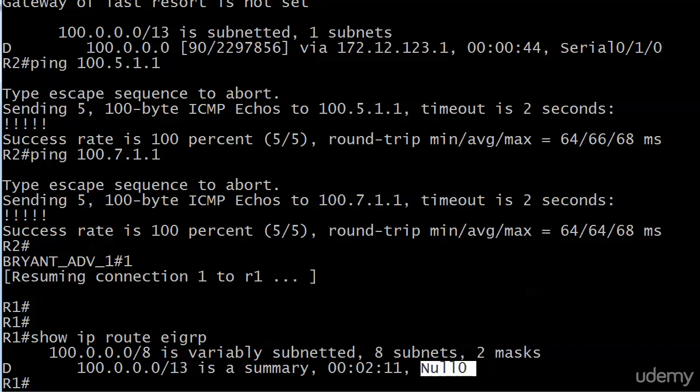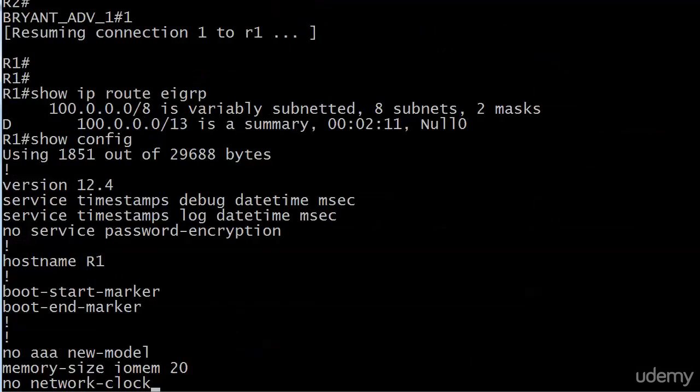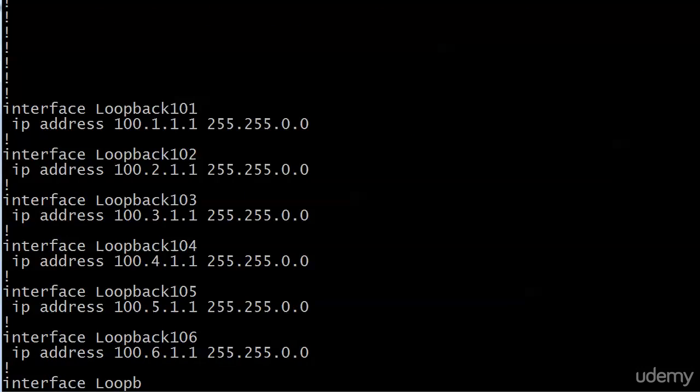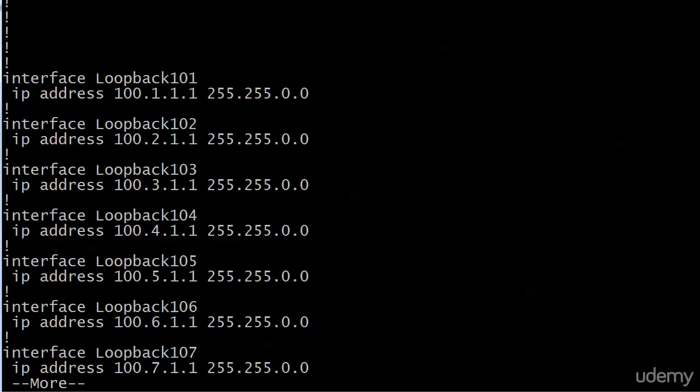Because, you know, right now, your summarization questions are going to be nice and neat. We didn't have any problem summarizing those 7 routes with one line, but it does get more complex than that. Let's do a quick show config here. Let's just say that this loopback 104 network that I created for this exercise, 104.1.1, let's say that didn't exist.